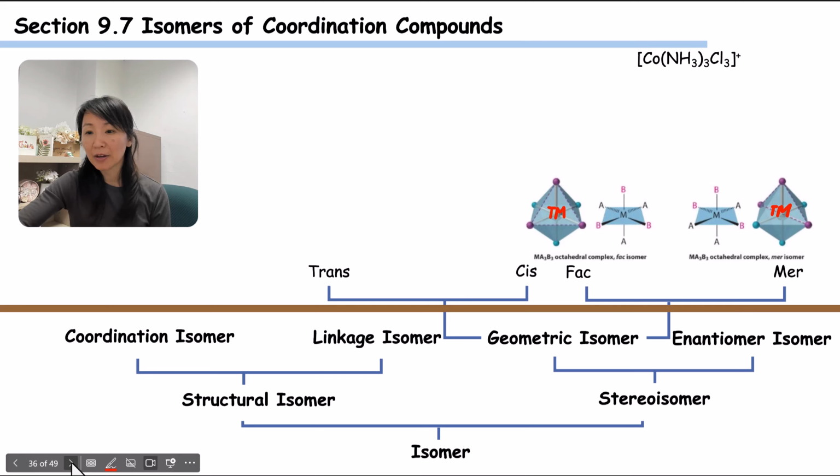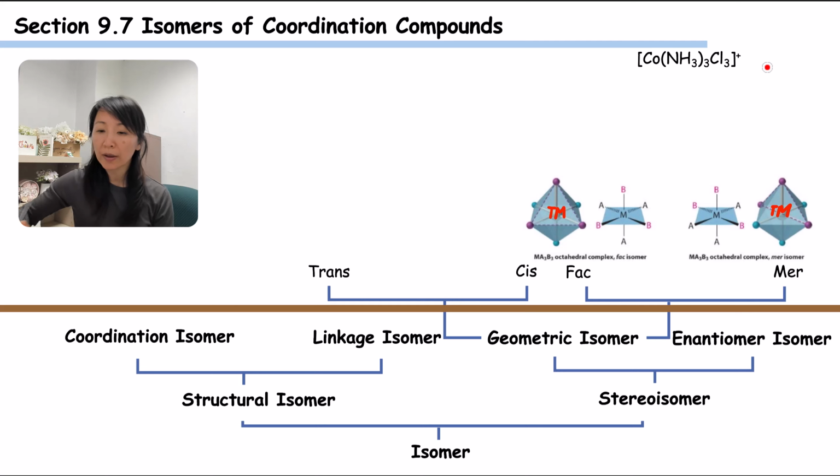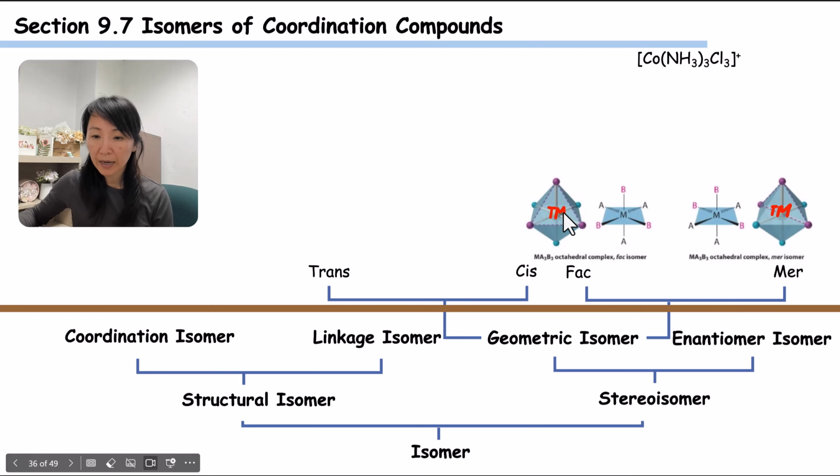And this is another example. It would be a cobalt with ammonia and chlorine. If I relabel this, the middle is the cobalt, our transition metal, and say the chlorine is the purple one. The purple ones are all here, and you can see that they determine the whole face.